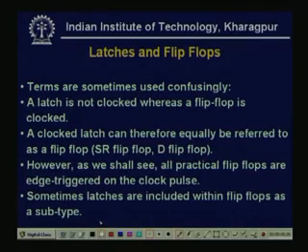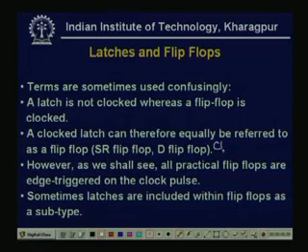Initially when we defined the SR latch, there was no clock, only two cross coupled NOR gates were connected, and S and R, the two inputs, were there. So, a clocked latch can equally be referred to as a flip flop. So, clocked SR latch is the SR flip flop, clocked D latch is the D flip flop.